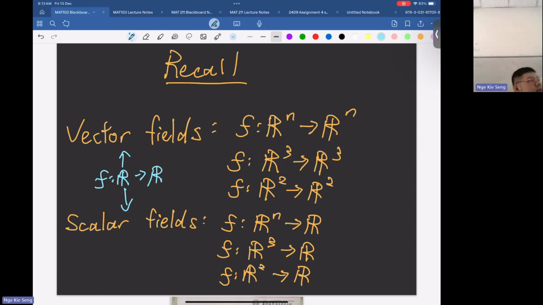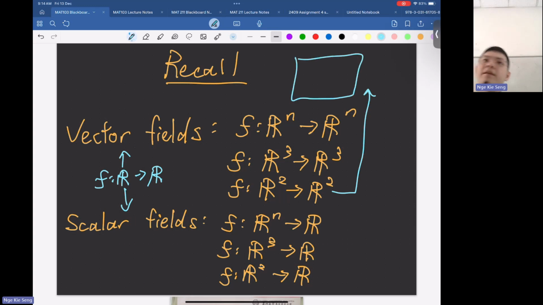So how should you think about vector fields? For example, for a function from R2 to R2, your codomain is R2, a plane.